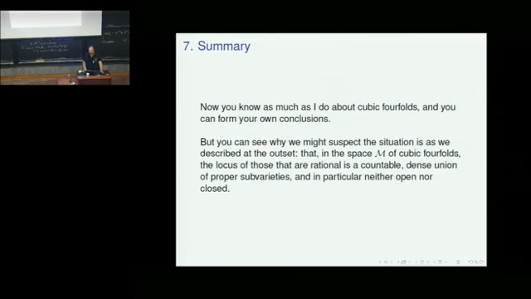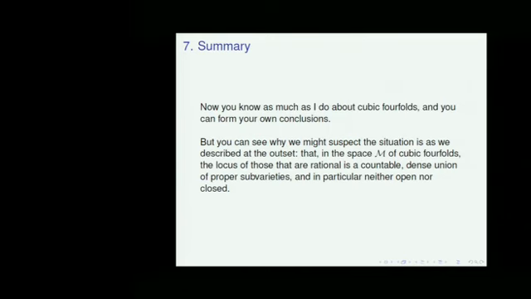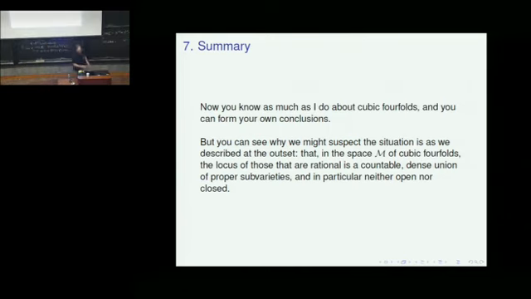For all we know, the locus of rational cubic fourfolds could just be everything, or it could be a Zariski closed subset. But in some sense, what all this analysis is suggesting is that the locus of rational cubic fourfolds may well be a countable union of proper subvarieties, namely, in particular, neither open nor closed.